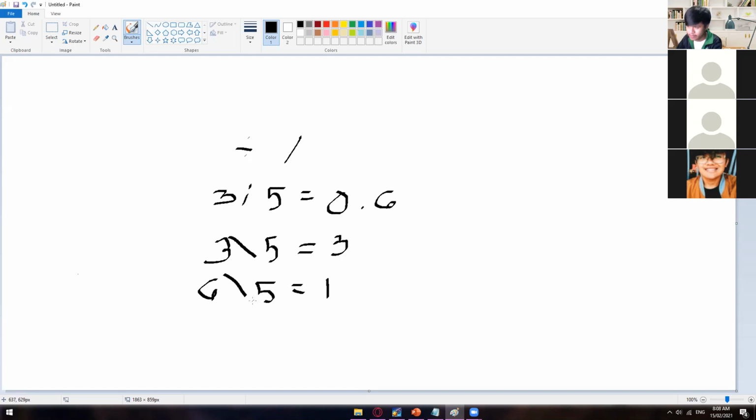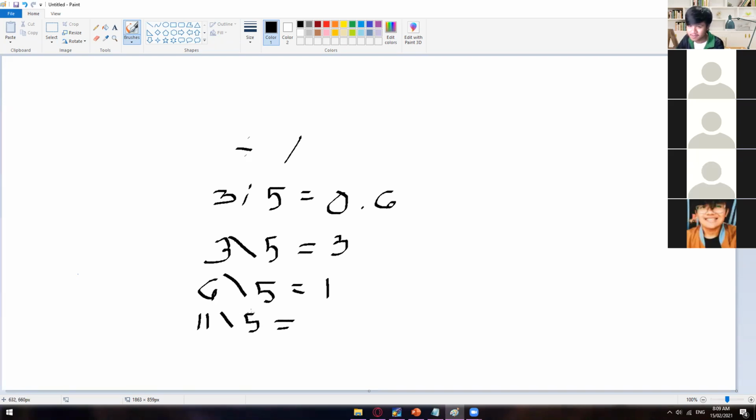So were you guys able to get the concept of modulo now? Or still not clear? I guess you didn't understand this one, so let's have another example. 11 modulo 5. What is the result of this one? Anyone? 1. Lucky guess. 1. As you can see, 11 divided by 5 gives a remainder of 1.